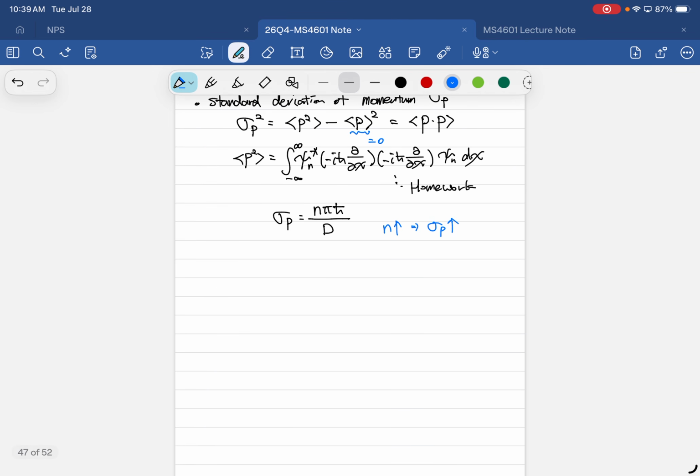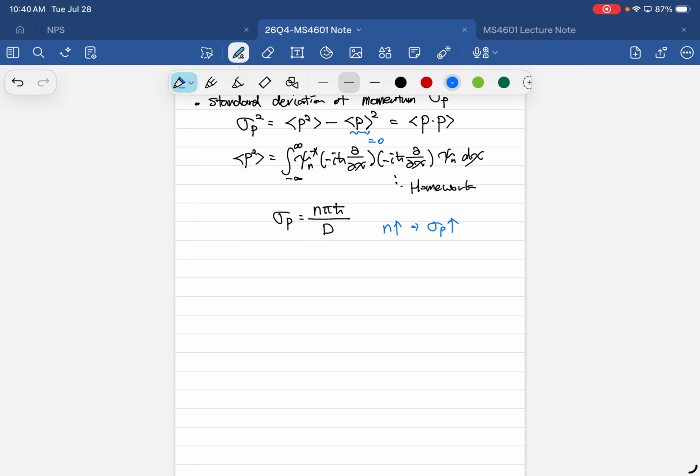All right. So we evaluated the position and momentum distributions. We obtained the expectation value and standard deviation for position and momentum each.